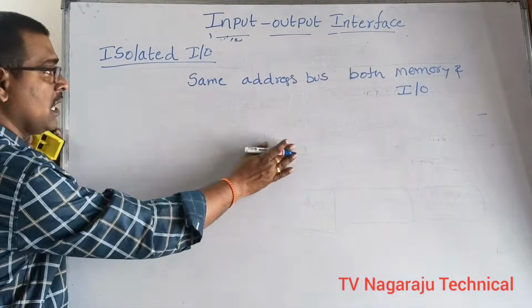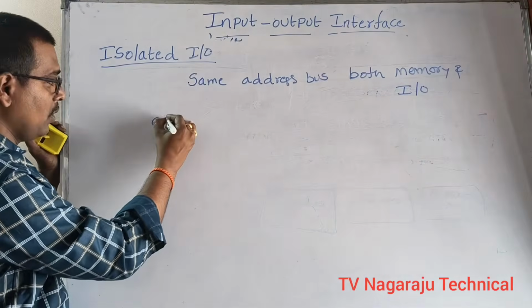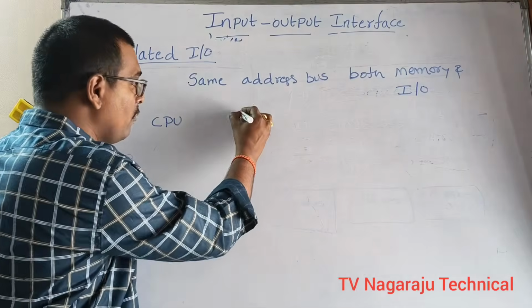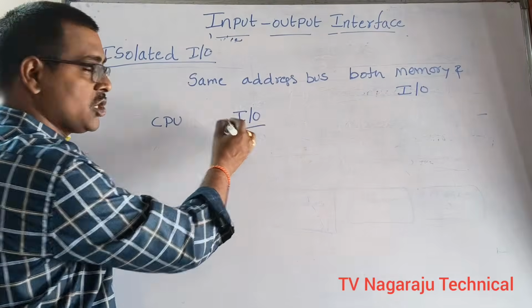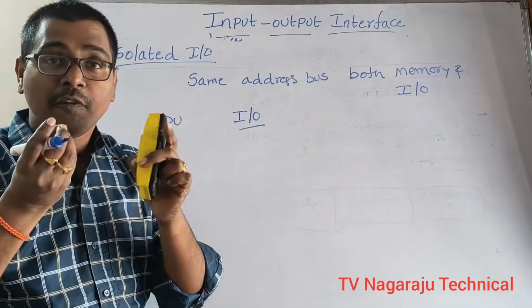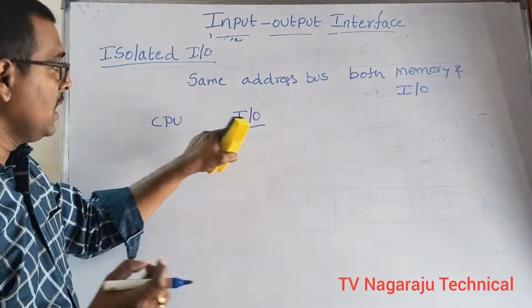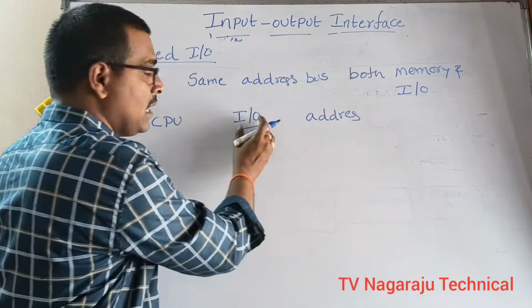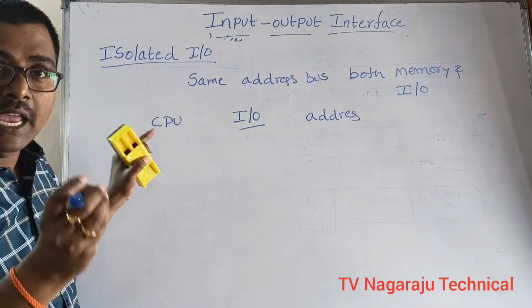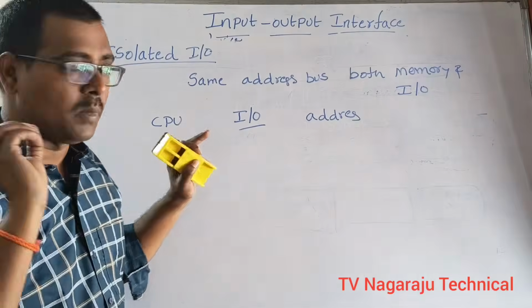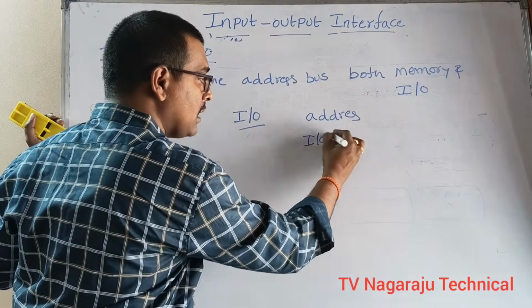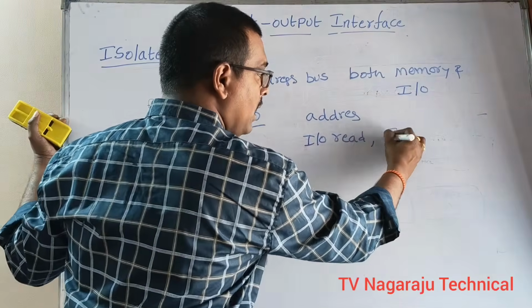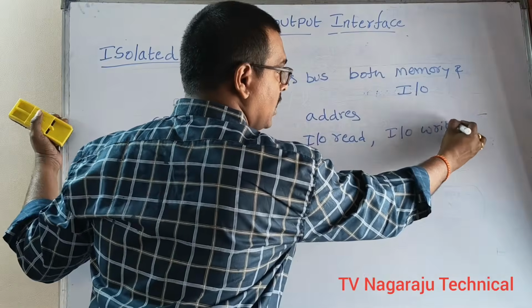Now the thing is how the computer works. For example, if the CPU fetches an IO instruction, it places the IO address on the address bus and enables the IO read or IO write operation.